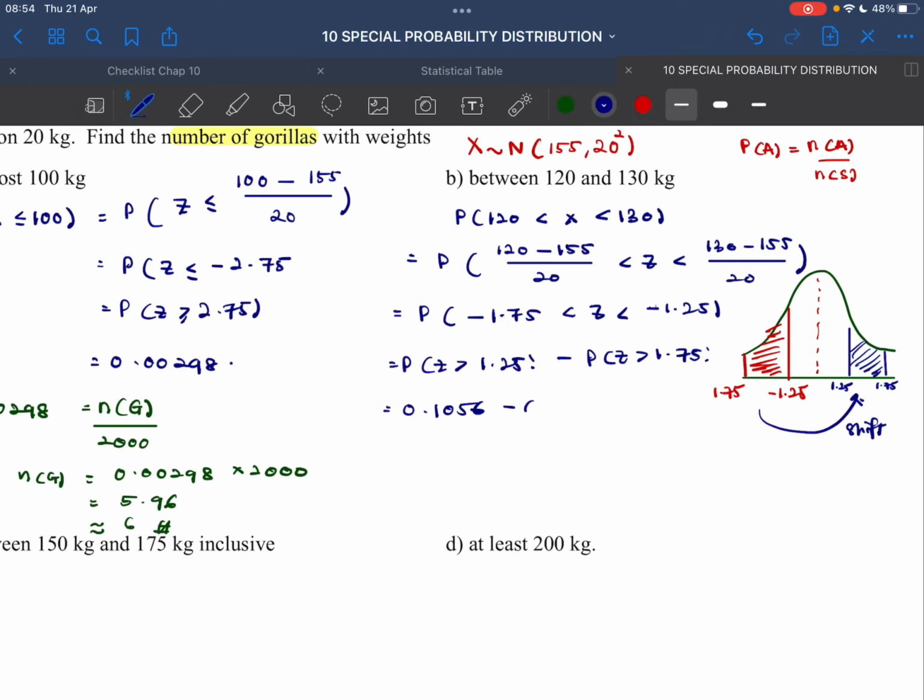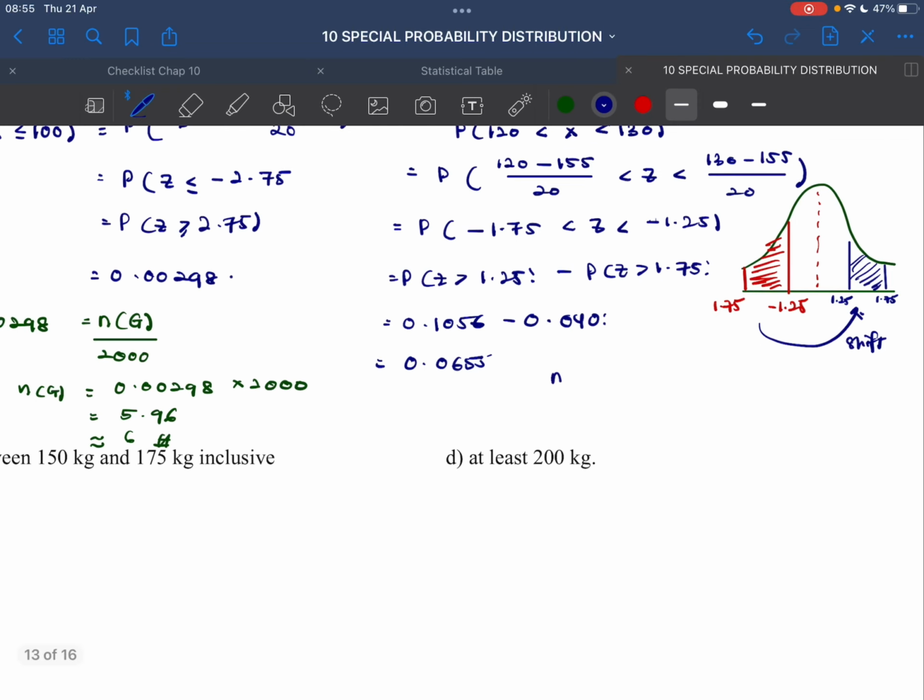So minus 0.0401, you should get the probability 0.0655. To find the number of gorillas with weight between 120 and 130, we simply multiply the probability with the total number of gorillas, which is 2000. Here you get the answer 121.